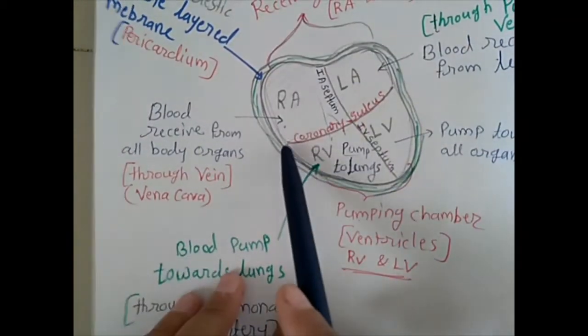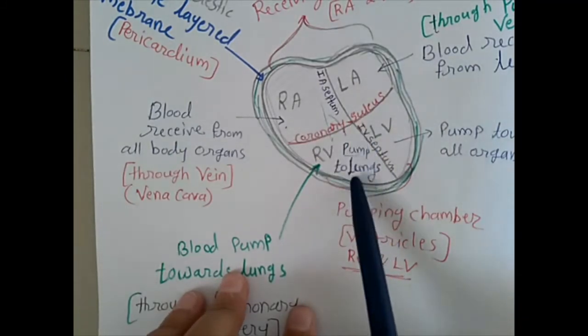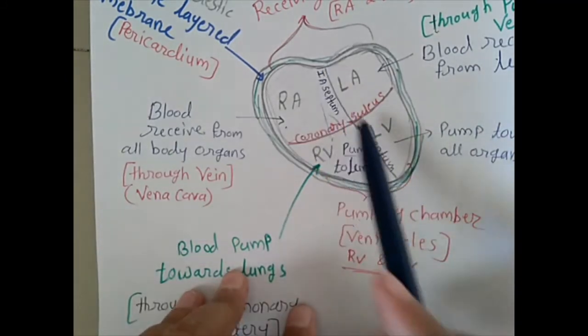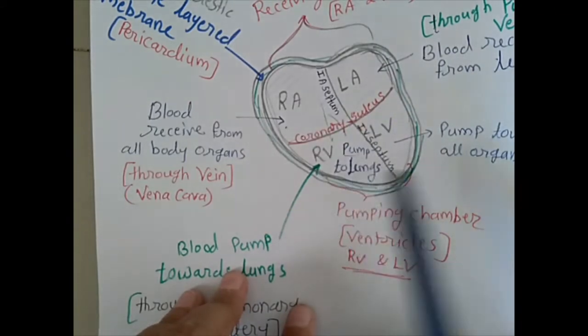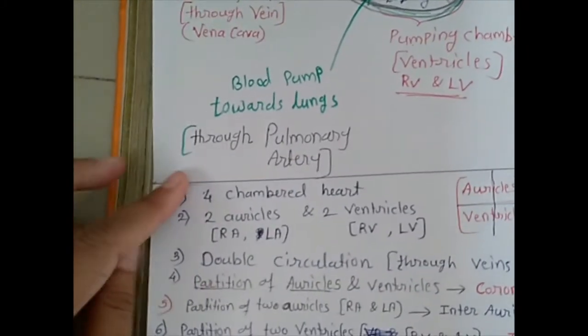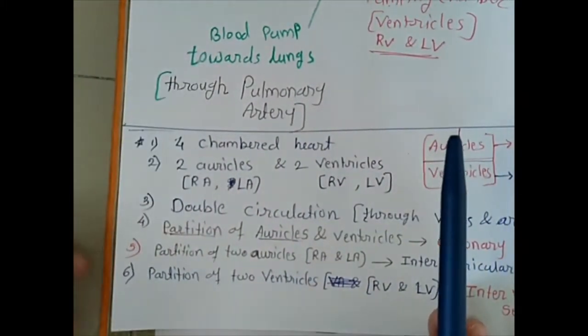And again we can see here the heart has 4 chambers, means it is a four chambered organ, divided into four parts. One by one we will see those points also.